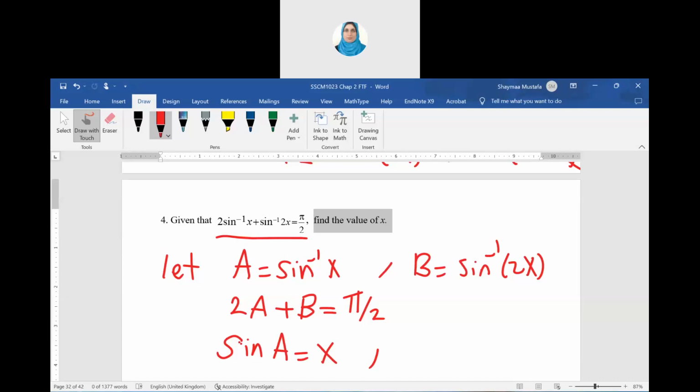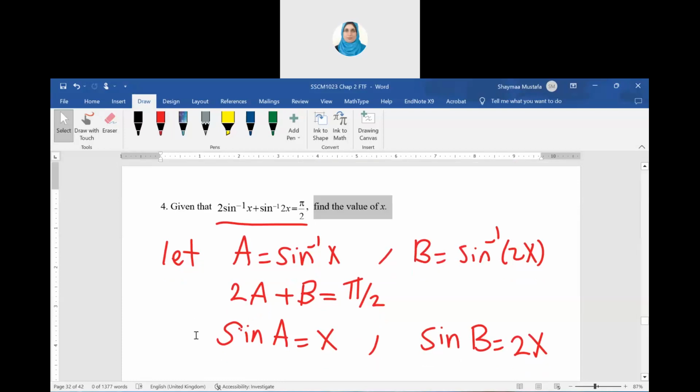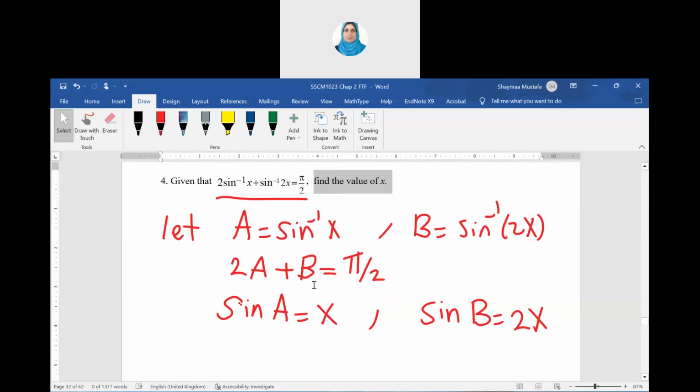This means sine b is equal to 2x. So we have sine a equal to x, sine b equal to 2x, and we have this relation also: 2a plus b is equal to pi over 2.